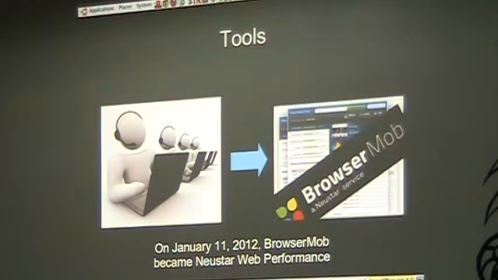Actually, BrowserMob is not that expensive. It's on the cloud, so you pay just for what you test. It's like prepaid. You load your account with cloud dollars, and if we do testing, we spend like $10 a day, usually well under $10 a day.